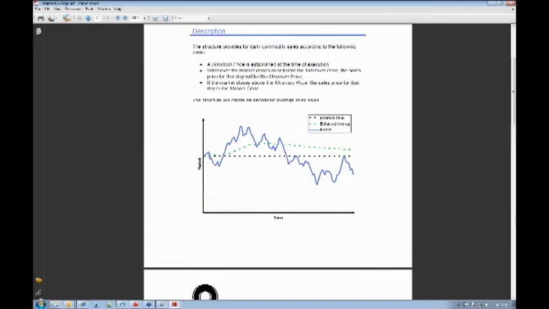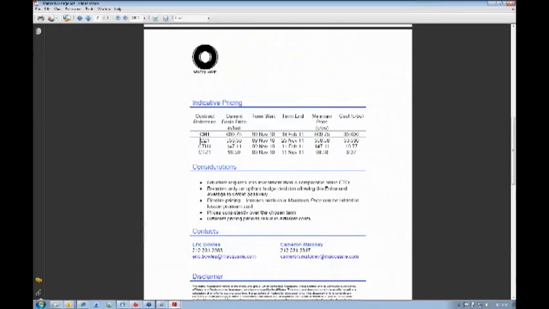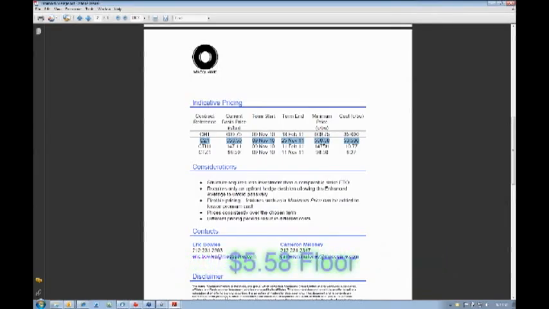You put on a minimum price, which would be the black line, and then you end up with an enhanced average. So come down here and we'll use, again, December 11 corn for the example. Every day between November 9th, 2010 and November 25th, 2011, he's going to get a sale at the close of the day. And it'll never be lower than $5.58 on corn.